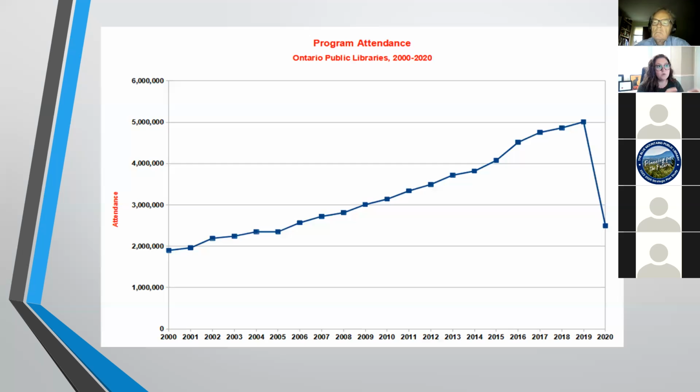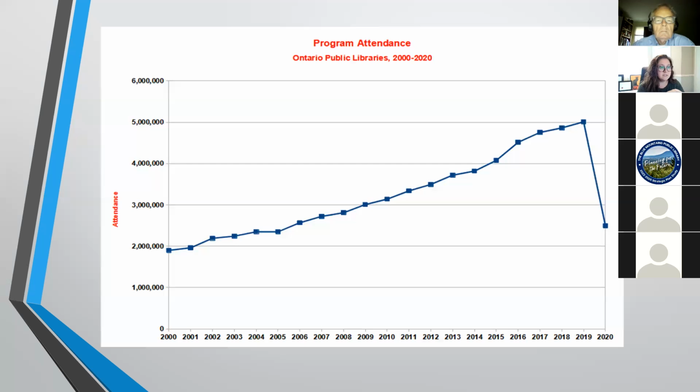And so with those kinds of new variables, there could be significant variance in the data that's collected in the pandemic year because of how libraries were collecting that data, how they decided to report on what program attendance is, and what is a social media visit versus what is a program attendance.